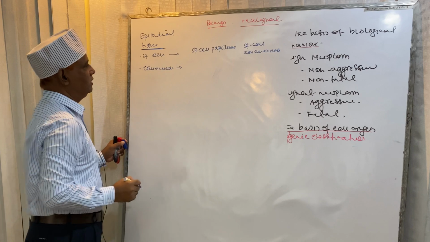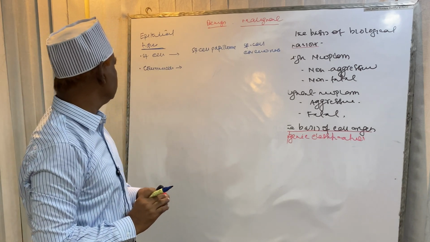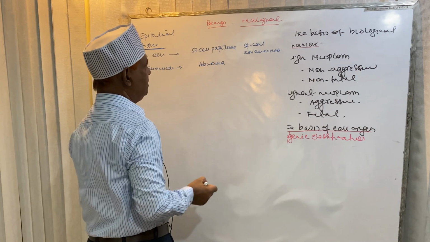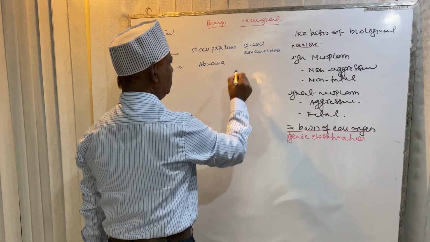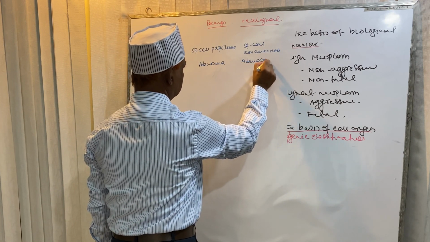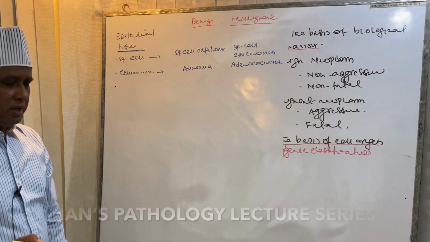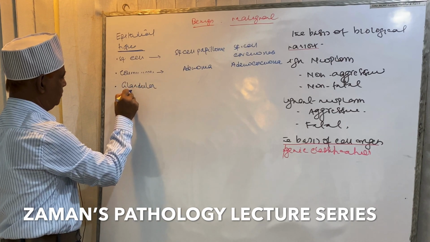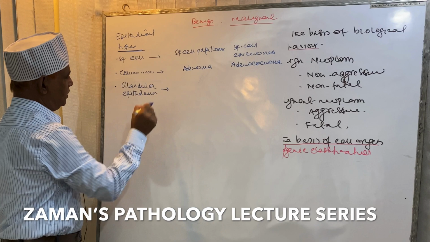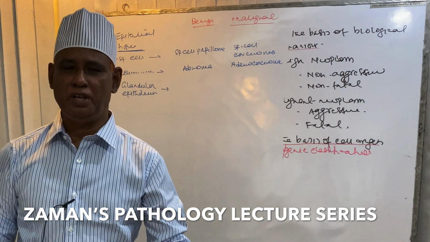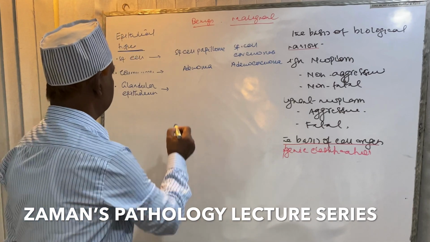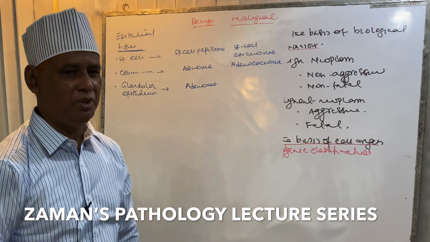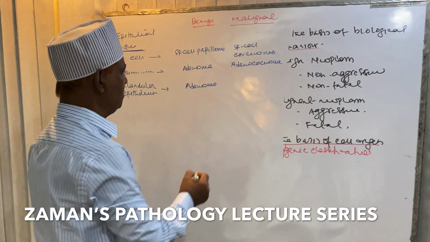Columnar cell. The benign tumor of columnar cell is called adenoma, and the malignant tumor that arises from the columnar cell is called adenocarcinoma. Glandular epithelium. The benign tumor that arises from the glandular epithelium is adenoma, and malignant tumor that arises from the glandular epithelium, adenocarcinoma.